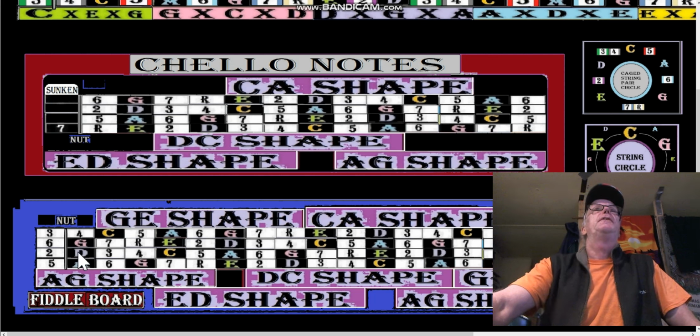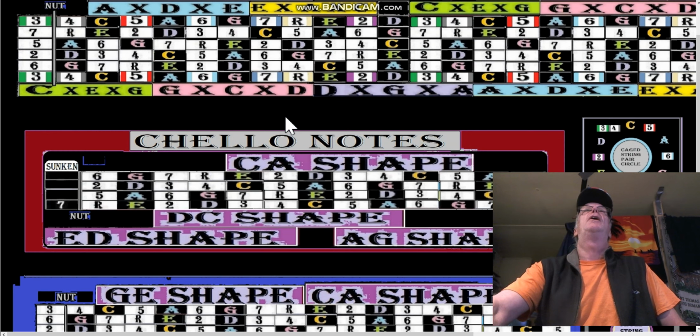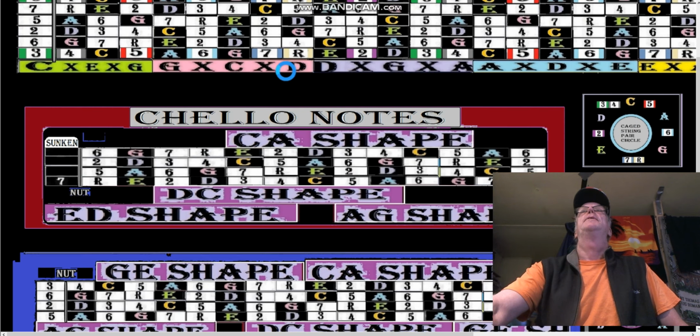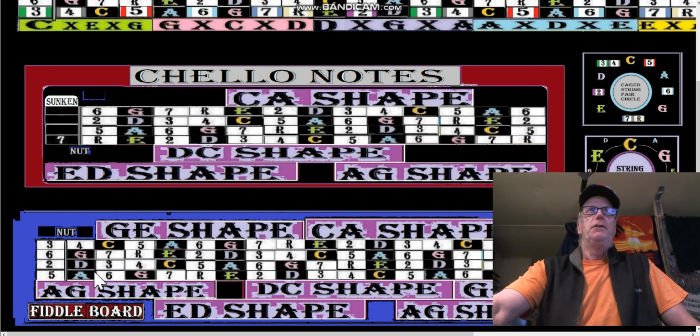So the fifth of A is D. So it's just like a double string shape, 5, 6, 7 root, and then going over here to 2, 3, 4, 5, except not like the guitar. Okay, we don't have a guitar ladder. The guitar ladder has note doubling when you do double string shapes. So I just implemented the double string shapes in this system, and you can see it's the same thing.